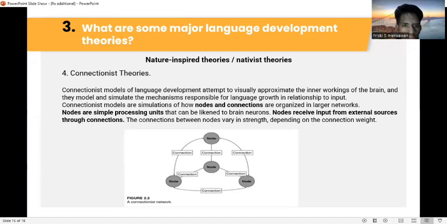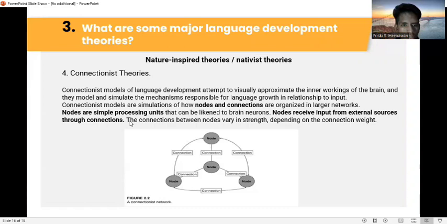And the last nature-inspired theory is connectionist theory. These theories attempt to approximate the inner workings of the brain, and they model or simulate the mechanism responsible for language growth in relationship to input. Connectionist models are a simulation of how nodes and connections are organized.